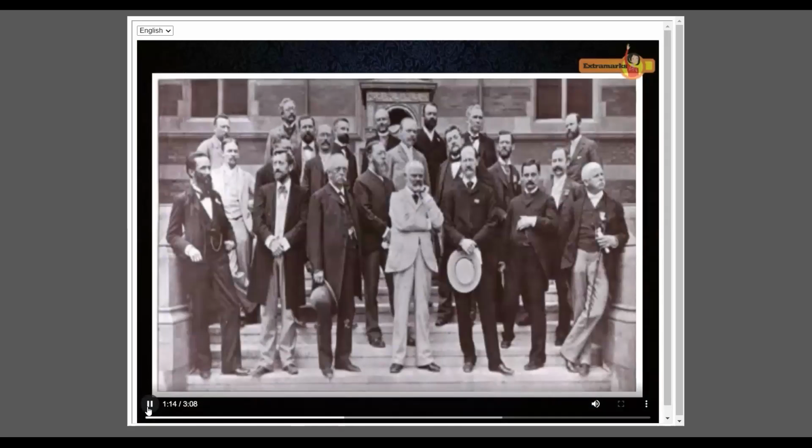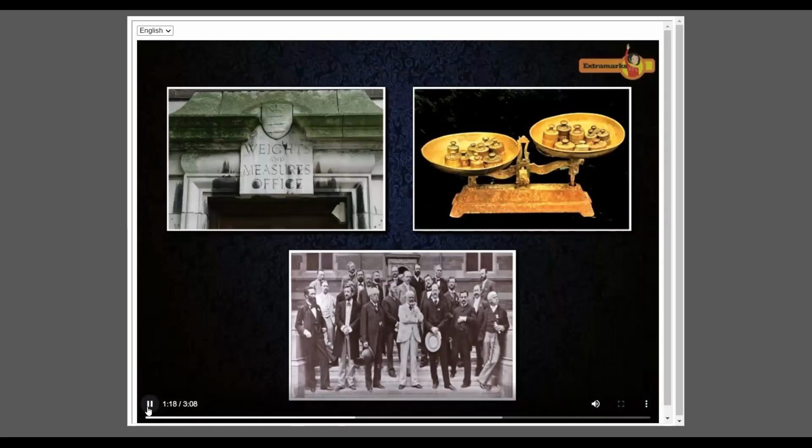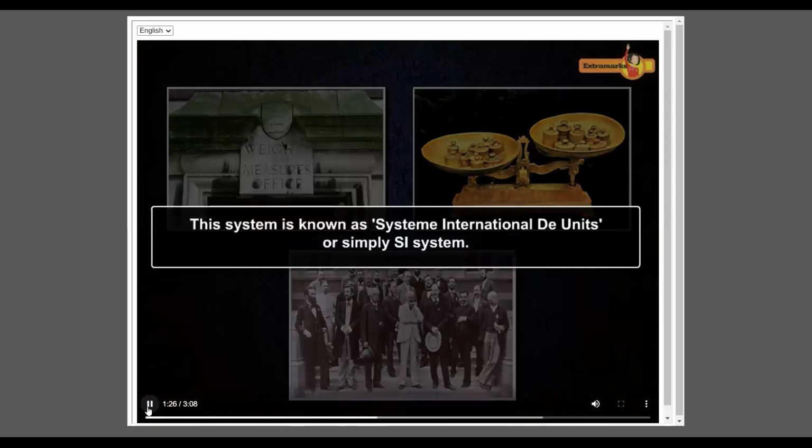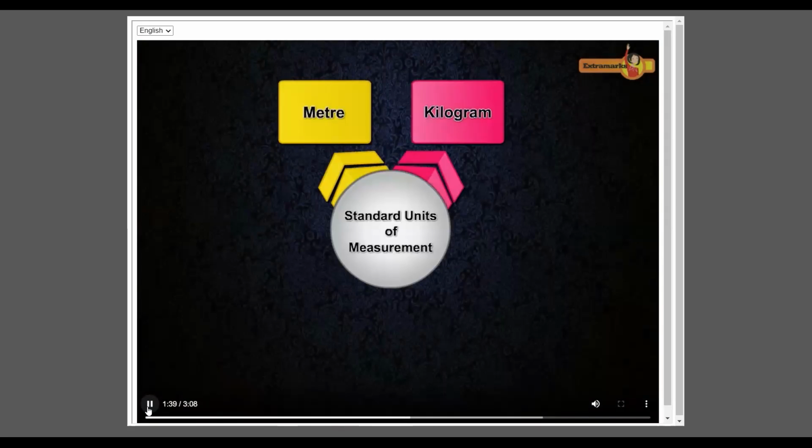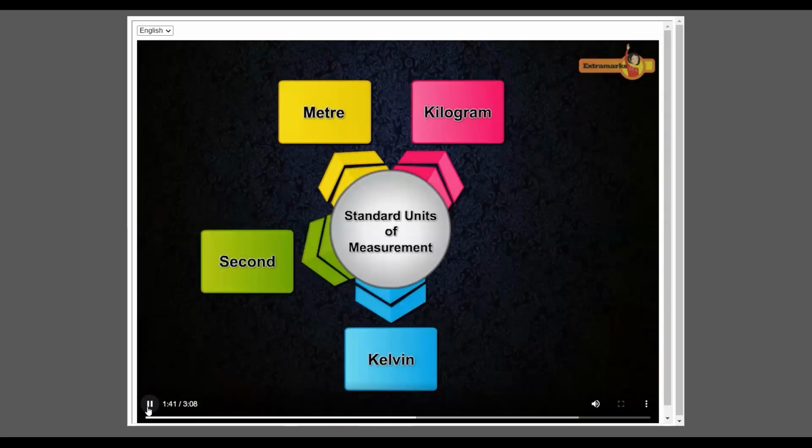In the year 1960, the General Conference of Weights and Measures recommended single common and standard system of measurement to be used all over the world. This system is known as System A International Day Units, or simply SI system. The standard units in this system are meter, kilogram, second, Kelvin, ampere.